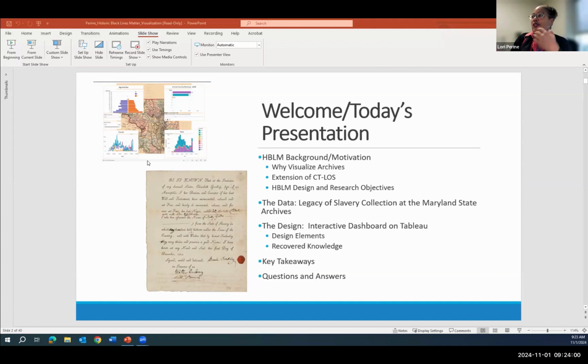So what I'm going to do is take you through our motivation for doing this project, what the context and the background was, talk about the data itself, and then talk about the design in this project.